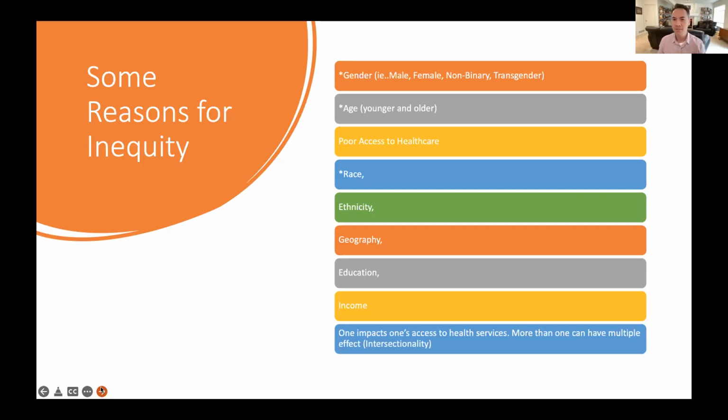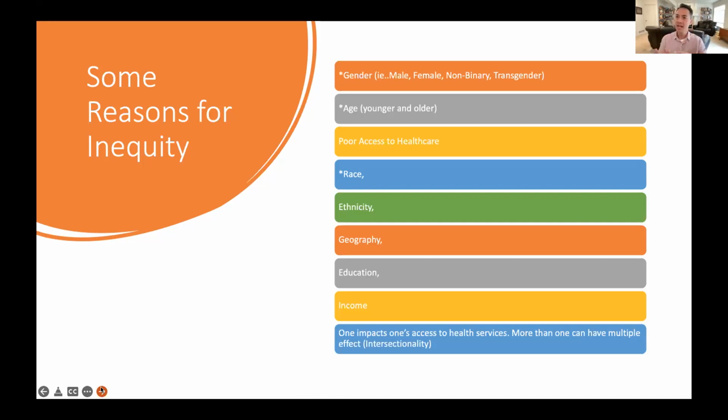They're not just one of these things, but there are multiple demographics that fall into this bracket. They could be female, older, living in a rural area. They can be Hispanic or Black or white, and they can only have a 4th grade education. When you have more than one reason for inequity, you have what they call intersectionality.